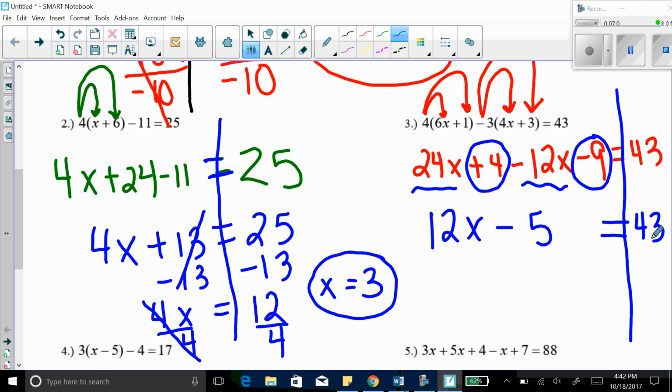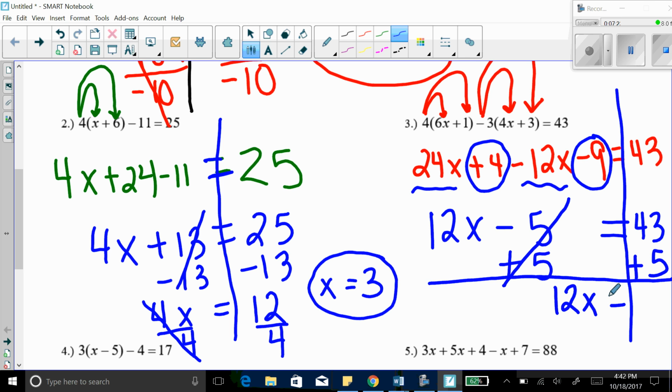And now we're at a two-step equation. So at this point, I say, okay, well, I have a negative 5. And we know to undo subtraction, we add 5 across the equal sign. Those cancel. So I'm left with 12x equals 48.